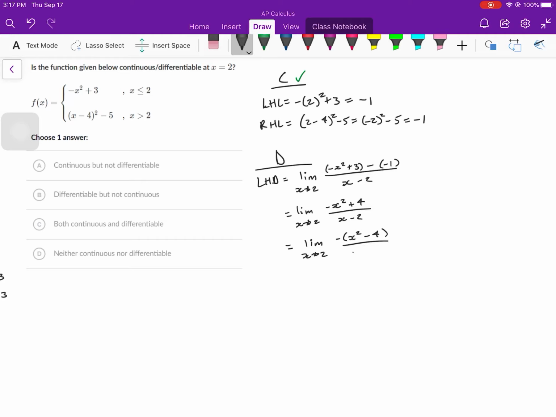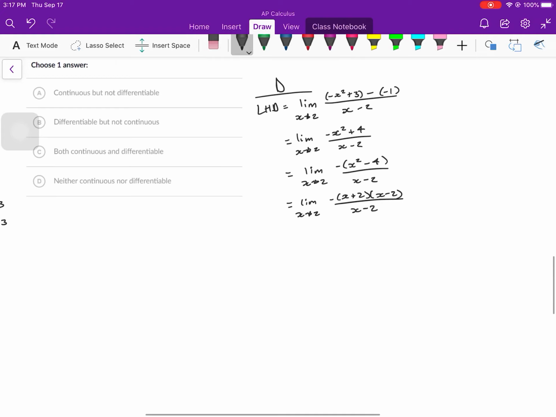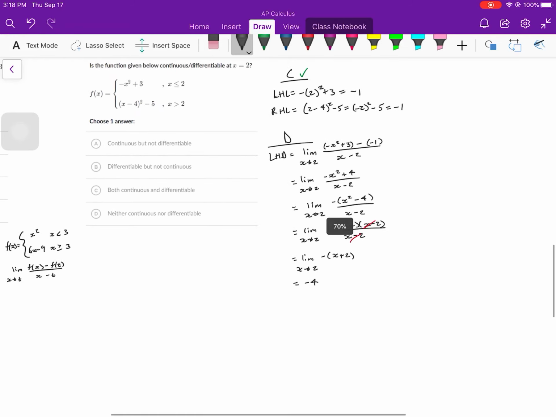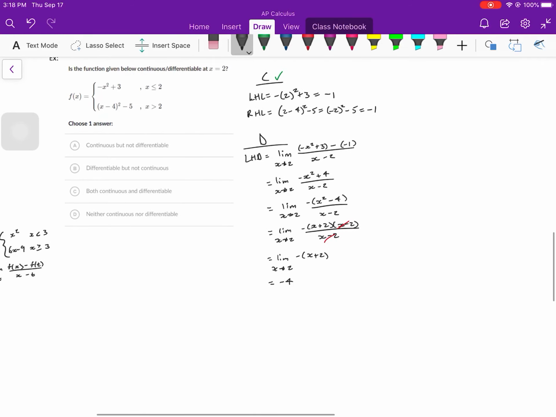Have x squared minus 4. Which then becomes x plus 2 times x minus 2. X minus 2's cancel out. Plug it in, and we get -4 for our answer. All right, whole lot of work there.